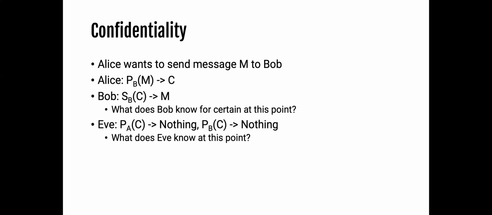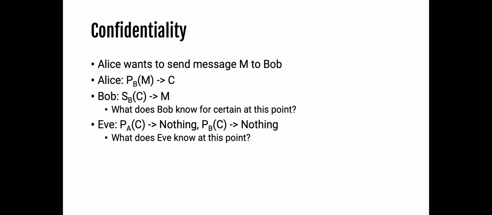Once Bob receives this ciphertext, Bob is going to use his own secret key to decrypt it. So Bob knows the plaintext and the ciphertext, and because Bob knows the secret key, only Bob would know the plaintext other than Alice.